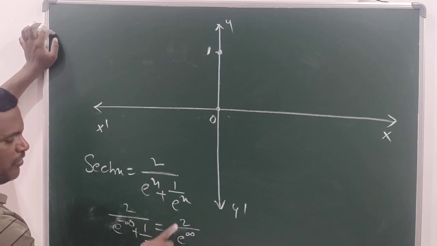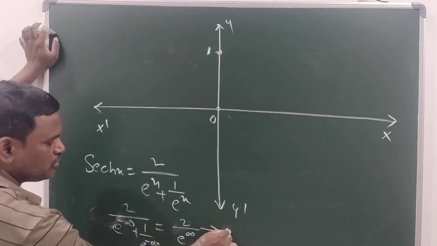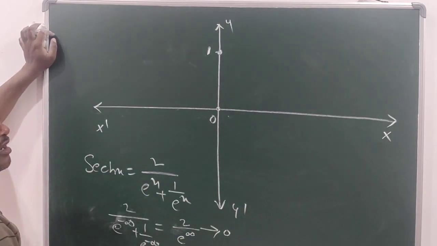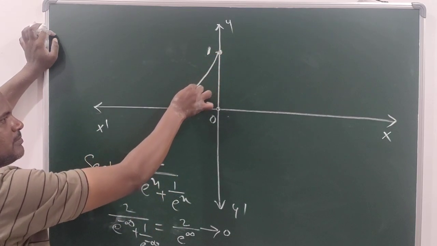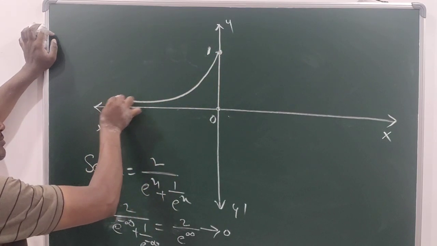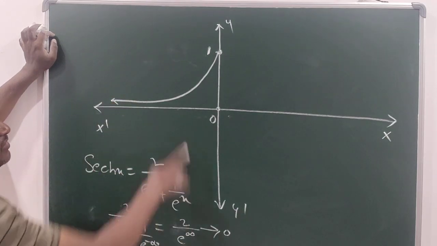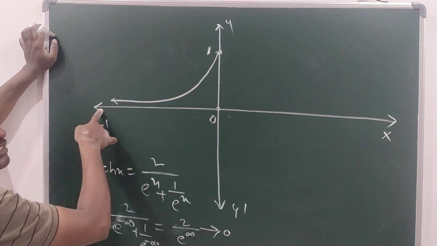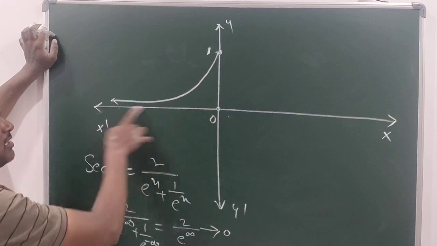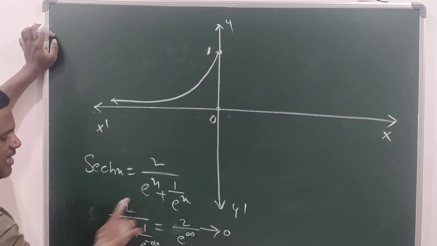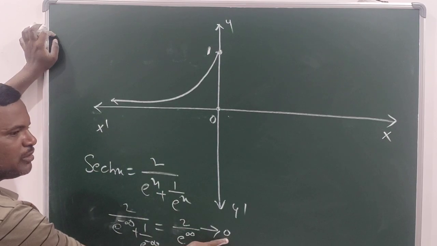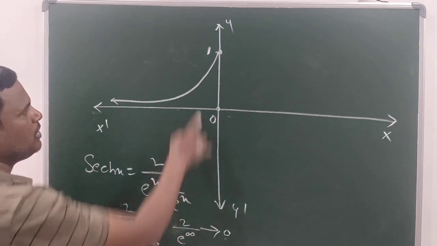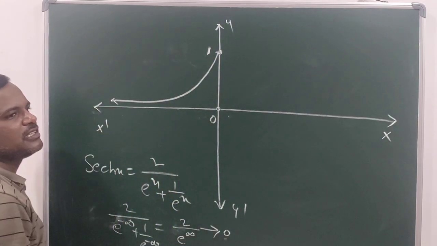So 2 by e power infinity means almost this approaches 0. Almost approaches 0 means here your graph will come like this. It is very close to the negative x-axis but never 0, because on the x-axis the y value, means range, is 0, but it is not exactly 0, approaching 0. So your graph will come like this.